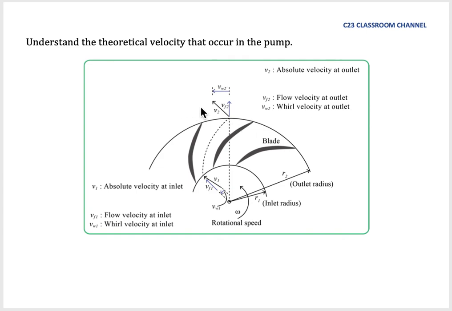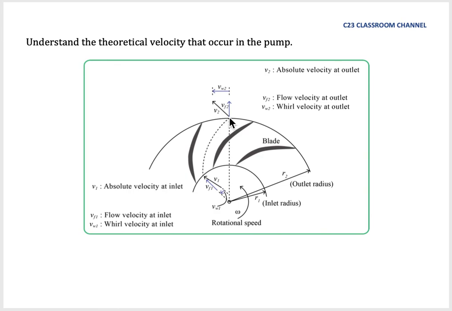So again, because we assume that V1 and V2 here are the resultant velocity, please make sure that the direction of V1 here is from here to here, and then the direction of VF1 is from the center to the inlet of the blade.